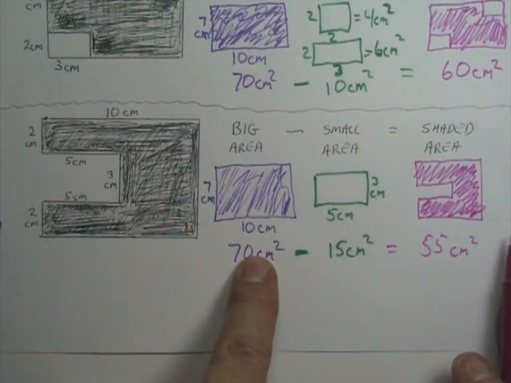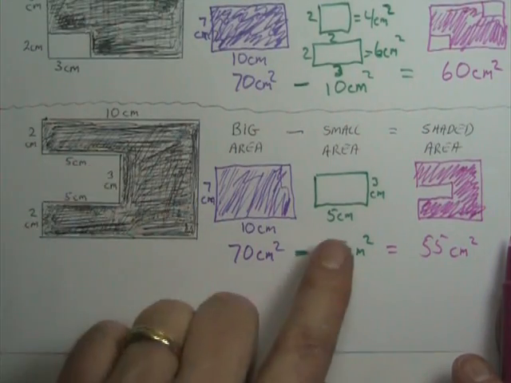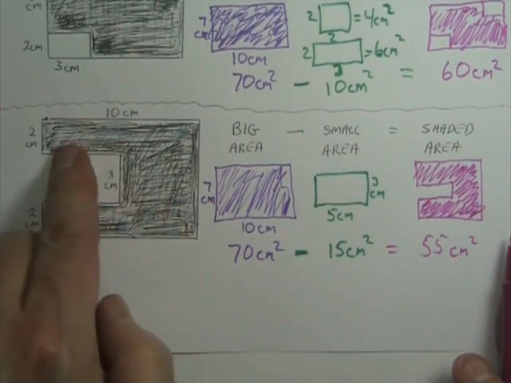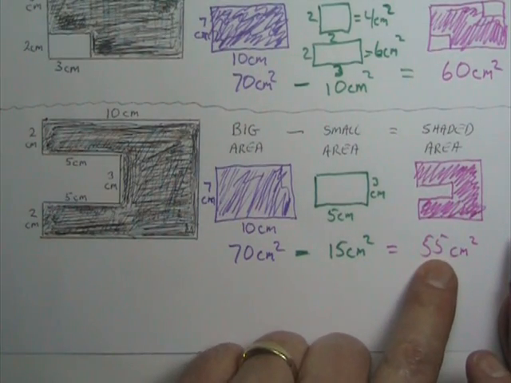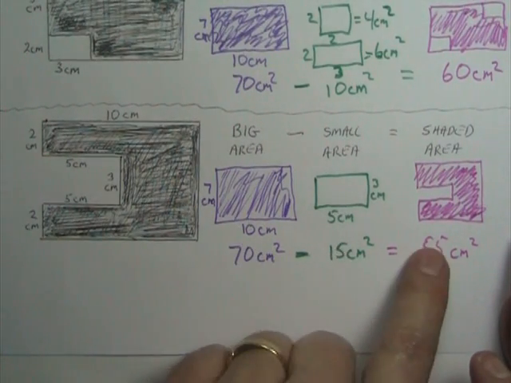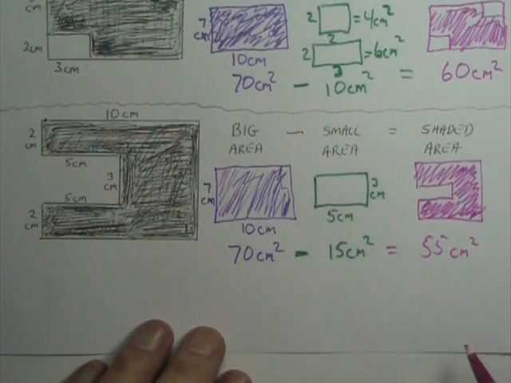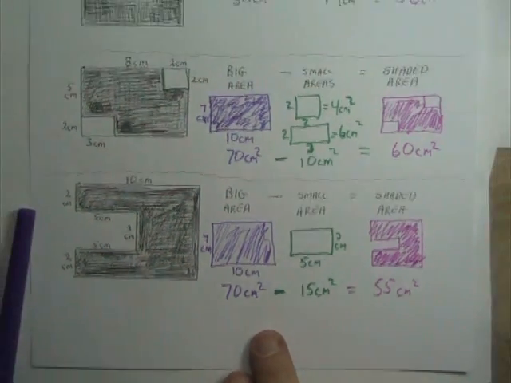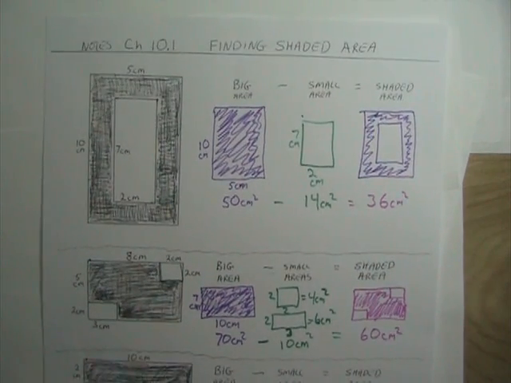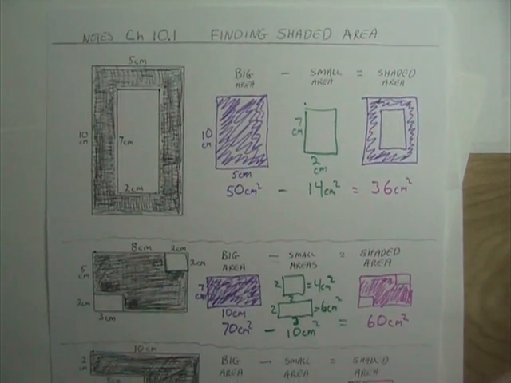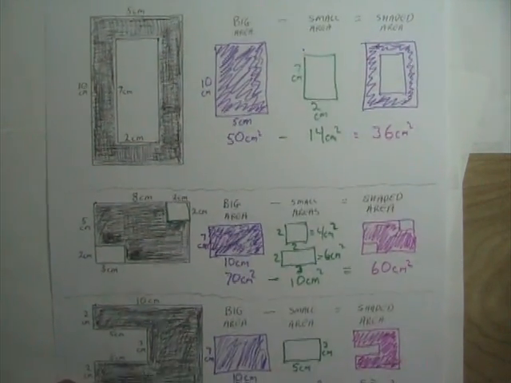This represents it. You cut this out. You're taking this out of it. And then what you have left is 55. 70 minus 15 is 55 square centimeters. And that is how we find the area of a shaded region, a shaded rectangular shape.